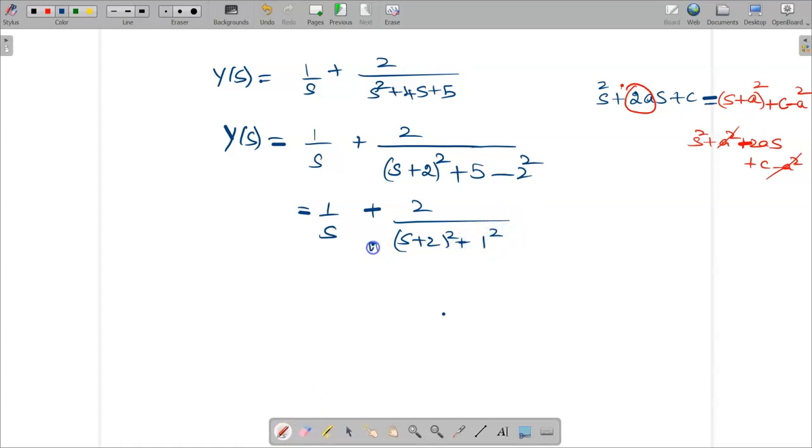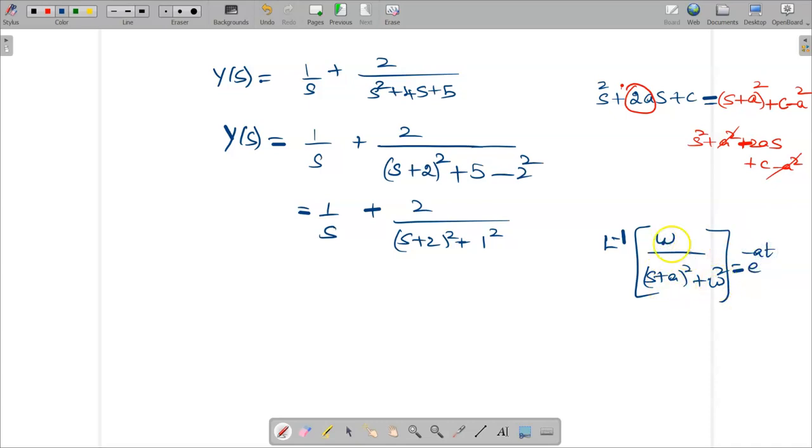Why? Because I have the formula: L inverse of omega by (s plus a) the whole square plus omega square, which I can write as e power minus at, sin omega t u of t.